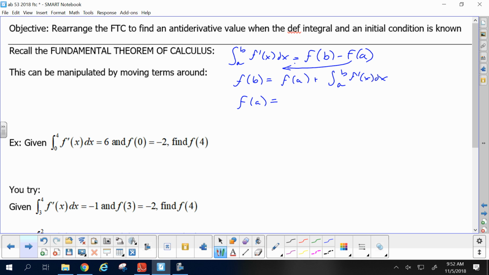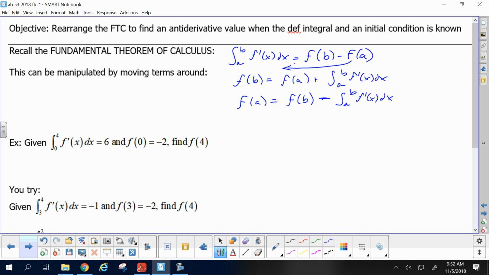Okay, if you want it to be positive, first you would add it over there and then subtract the integral back. So it would be f at b minus the integral, and tomorrow we'll see that the starting position is the ending position, take back the change that happened. Take away the change. All right?